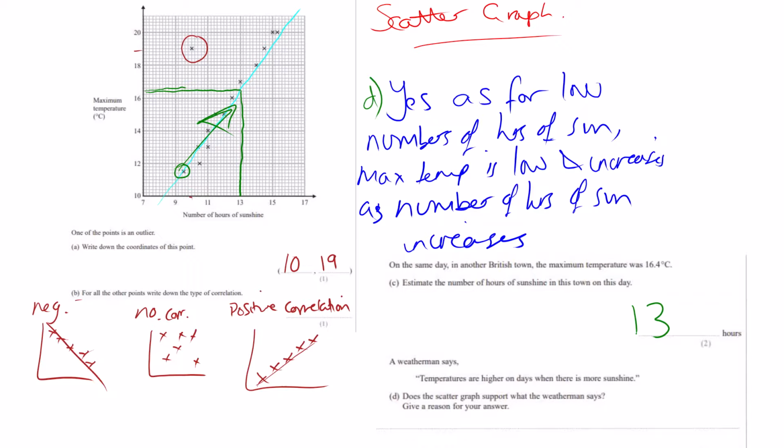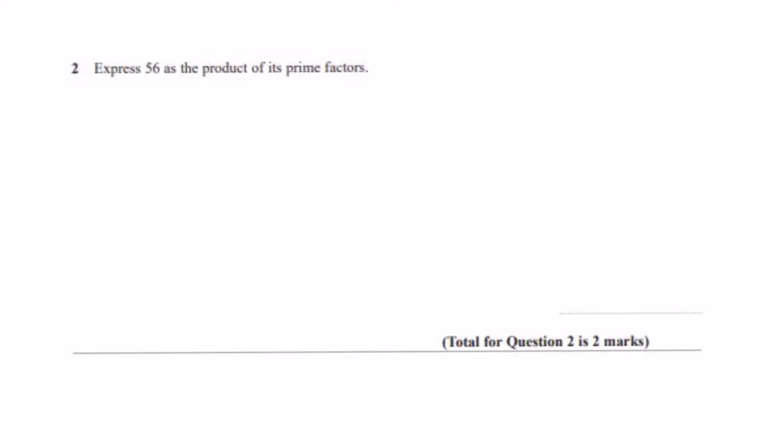Now I expect you can probably write that a little bit more succinctly, but that would give you all the marks for that question. So we're now going to have a look at question 2.